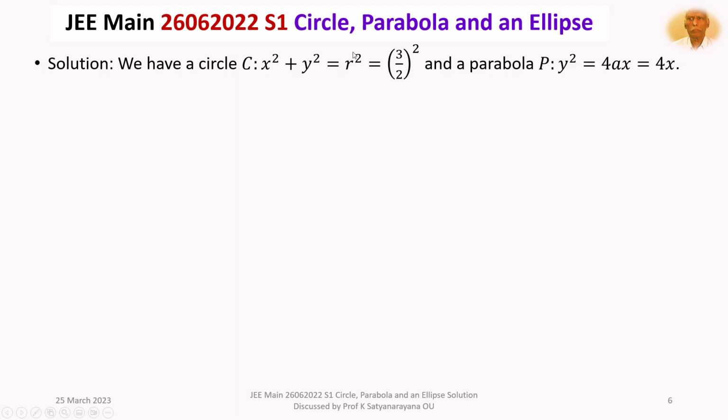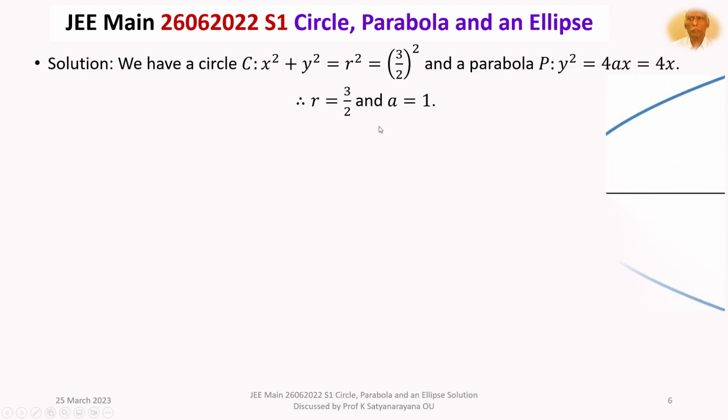So the radius of this circle is 3/2. And we have a parabola P, y² = 4x. Written in the standard form 4ax = 4x, a is equal to 1. So the radius of the circle is 3/2 and a of this parabola is 1.